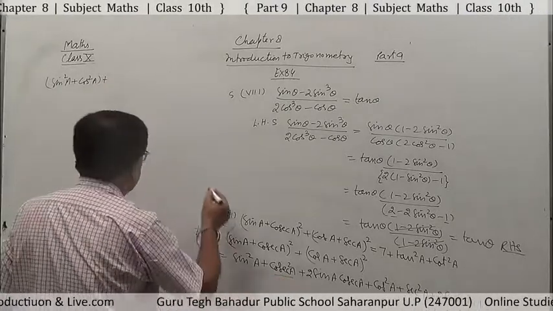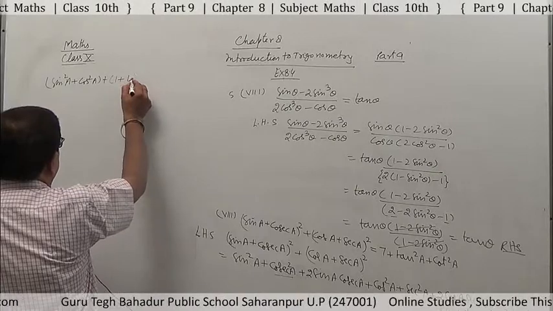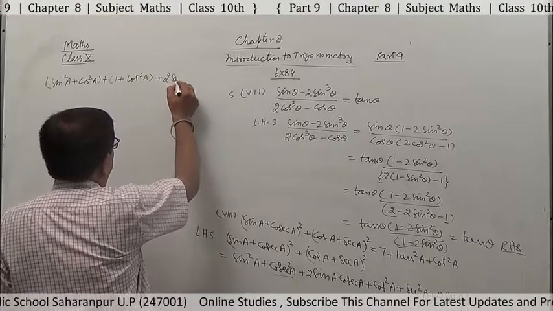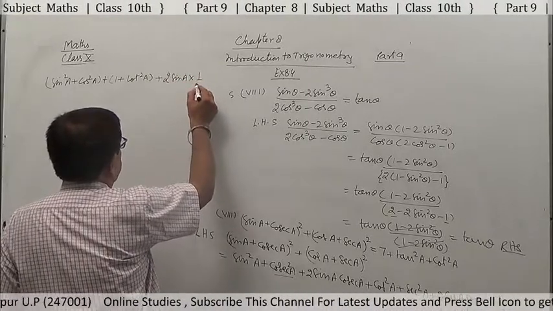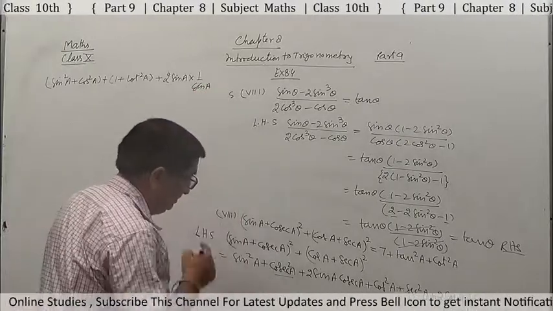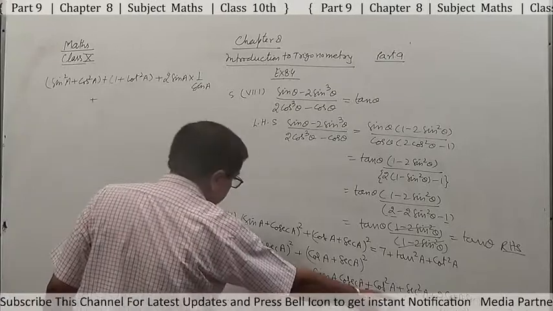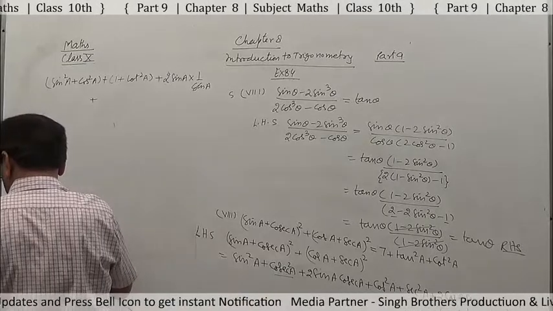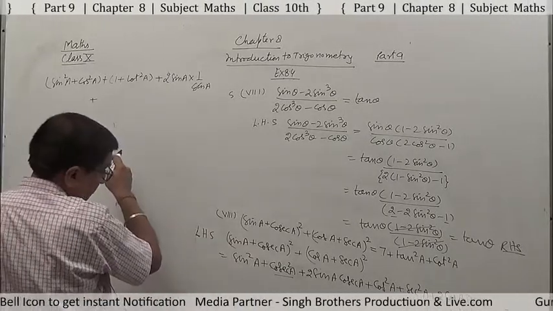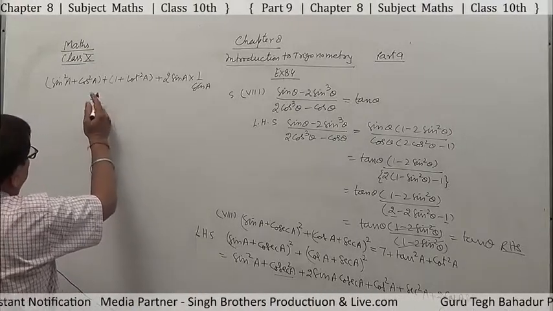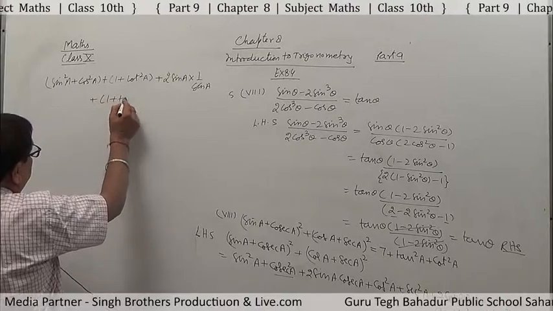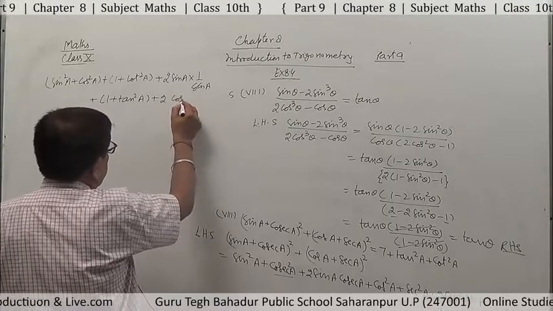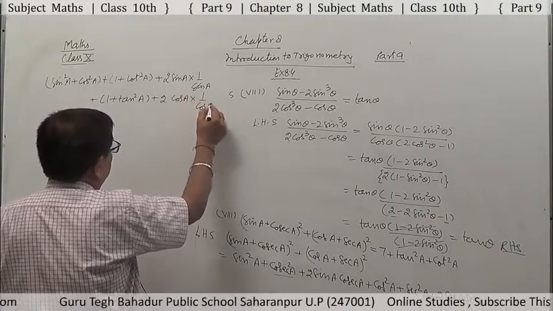This cosec square A is 1 plus cot square A. 2 sin A cosec A, cosec A is reciprocal of sin A. This sec square A is 1 plus tan square A, 2 cos A into 1 upon cos A.